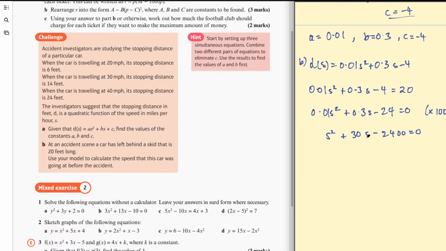Are there factors of 2400 that make 30? What are the factors of 240? 2 times 120, 3 times 80, 4 times 60.